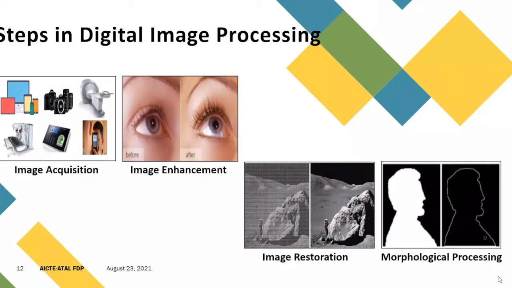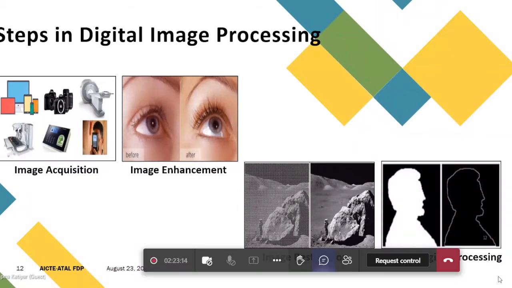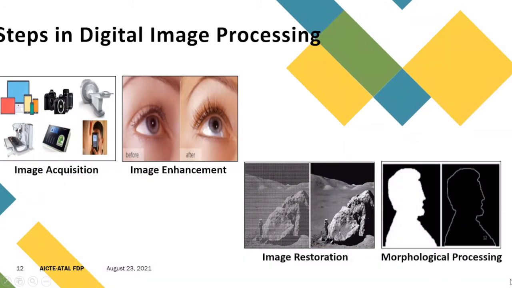So image acquisition is capturing the image of our interest, which is to be processed, and there are various ways. Here you can see the computer, camera, X-ray machines, phones. So acquisition is just capturing, right? This is the first and foremost step, because unless you have an image, you cannot process it.